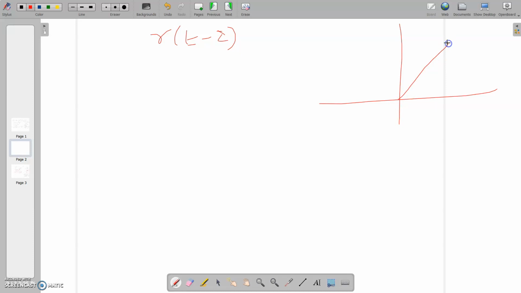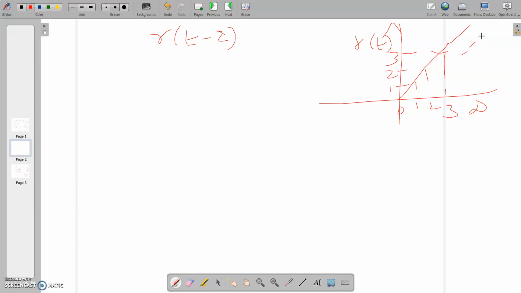Already we know this is my r of t, where at 1 I will have amplitude 1, at 2 I will have amplitude 2, at 3 I will have amplitude 3, it will be going on up to infinity.